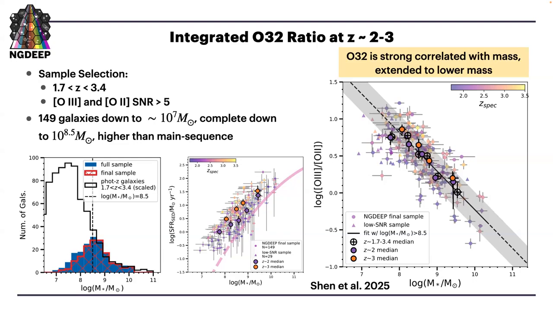The thing we see here is a very tight correlation in the O3-2 and mass relations. When we fit this line, we fit down to 10^8.5 solar masses, but we see this correlation stay to much lower stellar mass regions.